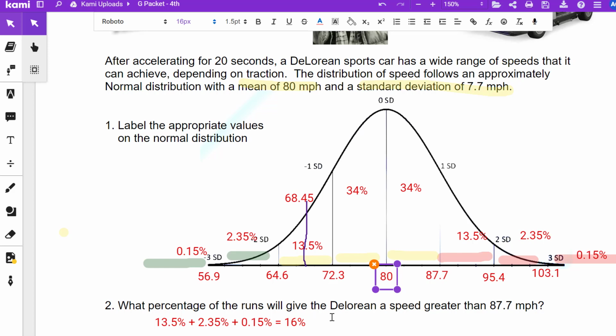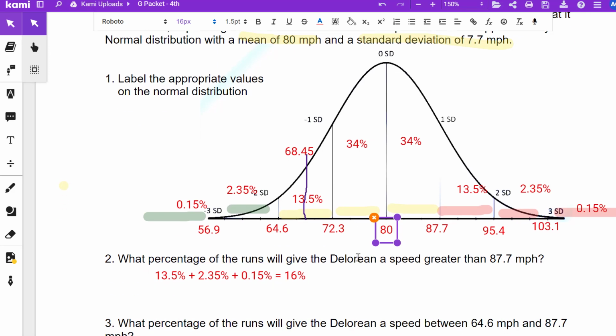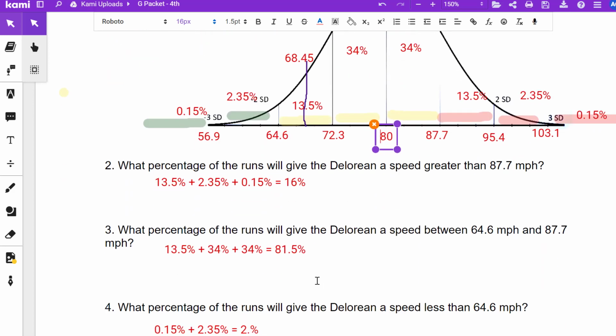So what percentage of runs will give the DeLorean a speed greater than 87.7 miles per hour? Well, there you go. What percentage of runs will give the DeLorean a speed between 64.6 and 87.7? Well, there you go, from here to here. So you got this yellow slice, these three slices right here. You add them together and it gives you the value.